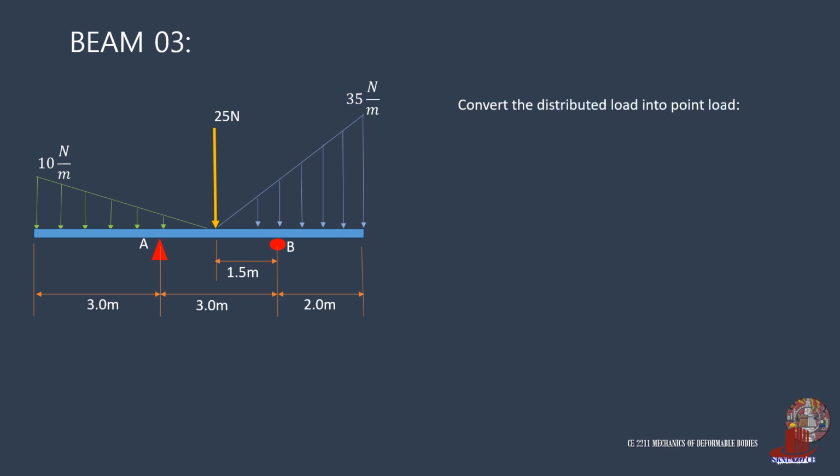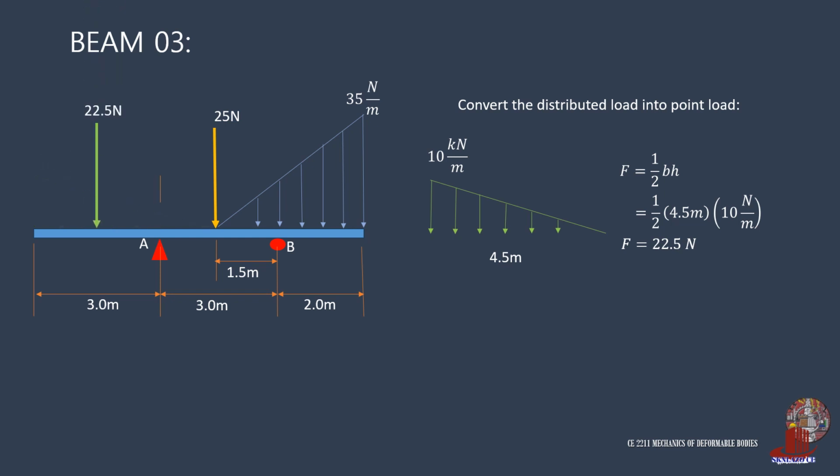Transform the first triangle into a concentrated load F, which has a magnitude of half of 4.5 meters times 10 newtons per meter. F is 22.5 newtons. This is located 1.5 meters away from the hinge.